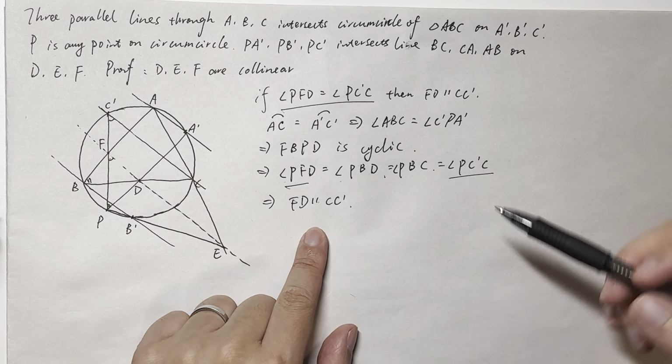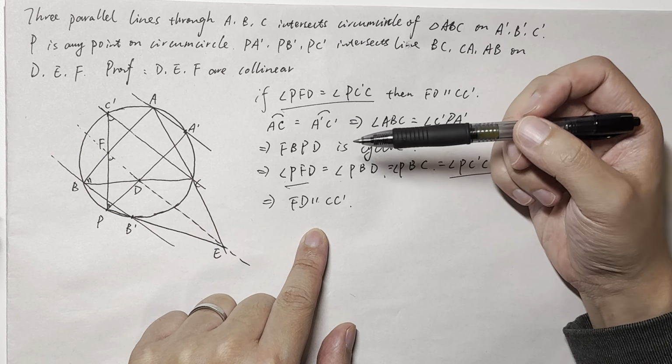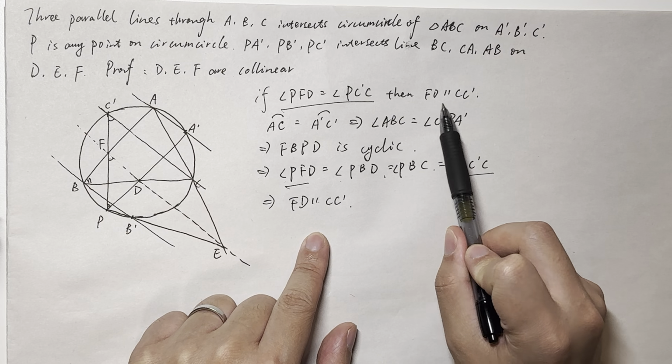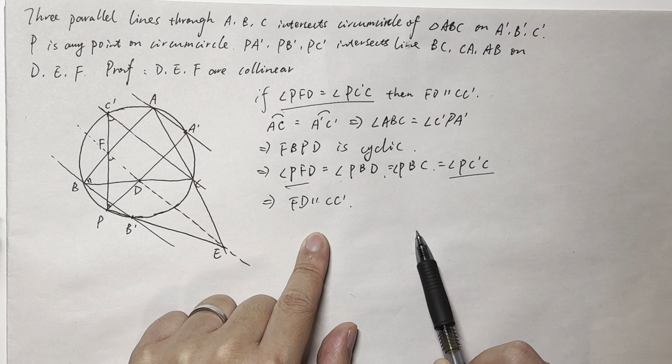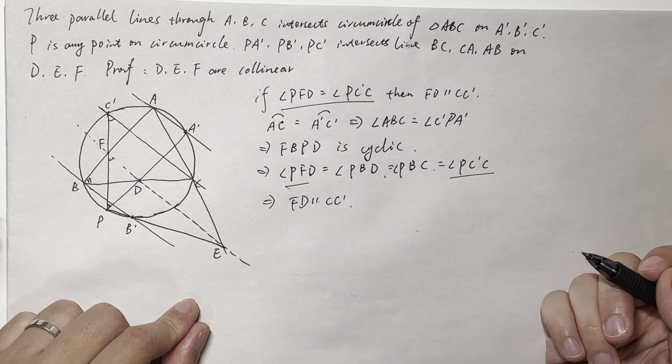It may feel confusing how we directly jump from this one to here. So why solve the problem this way?